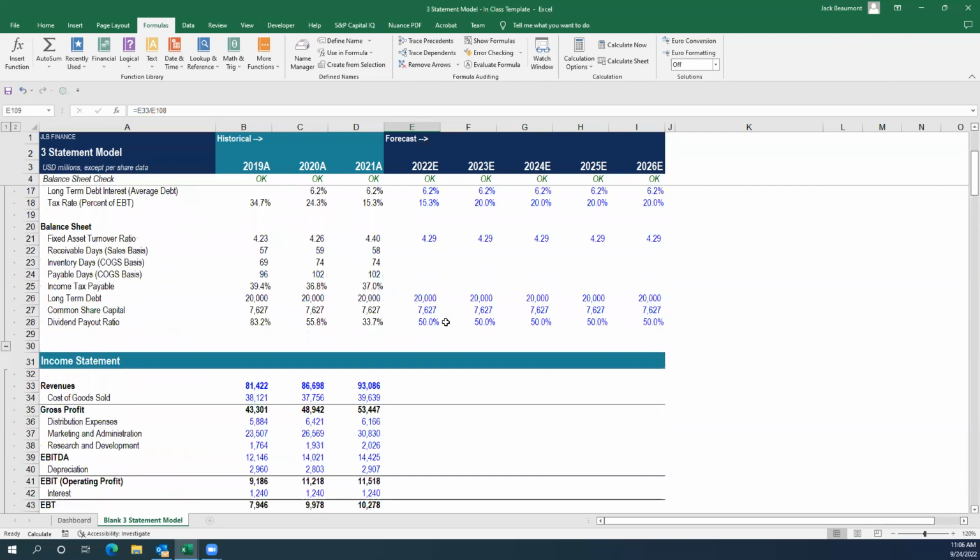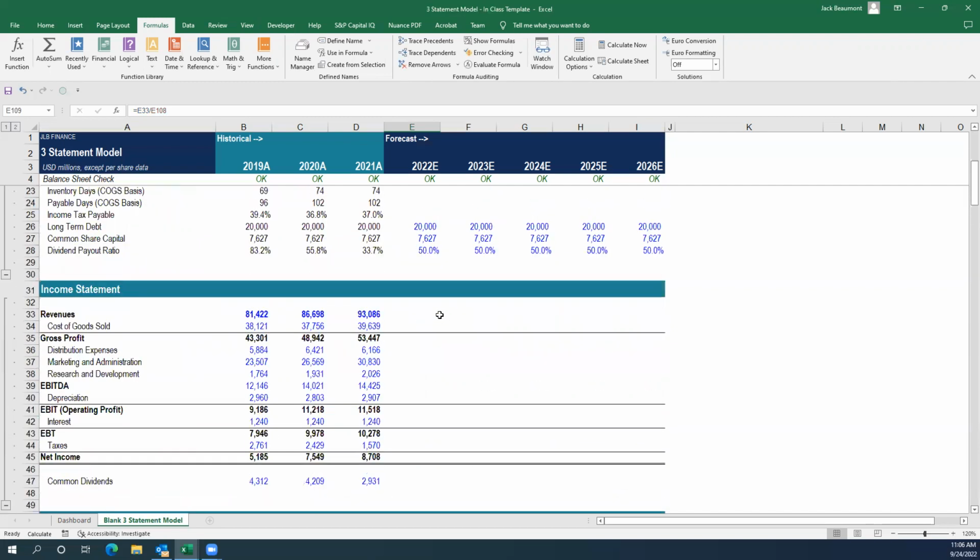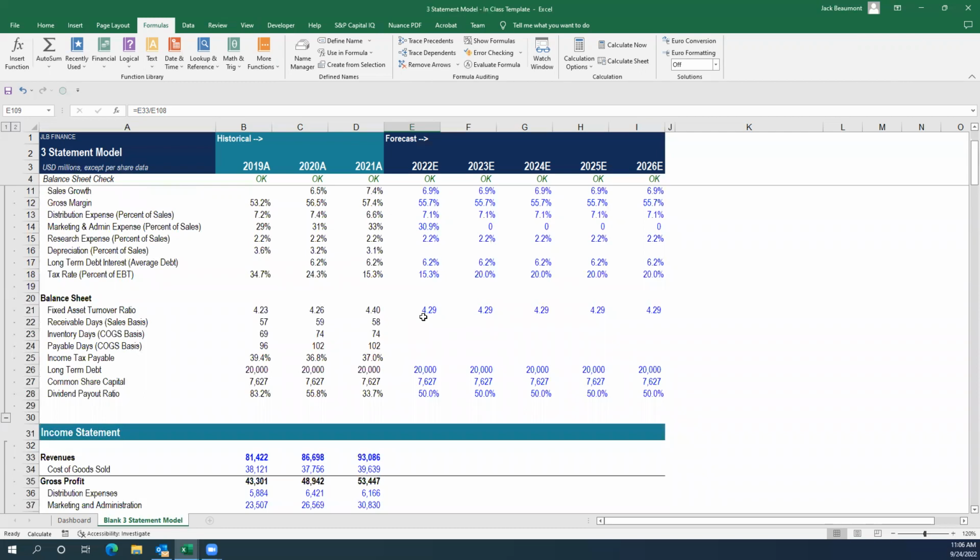Okay, that's fine. So we'll fill that out later. So let's do the same here as we did up here. So let's just copy this down through here and copy formulas. Okay, that works.